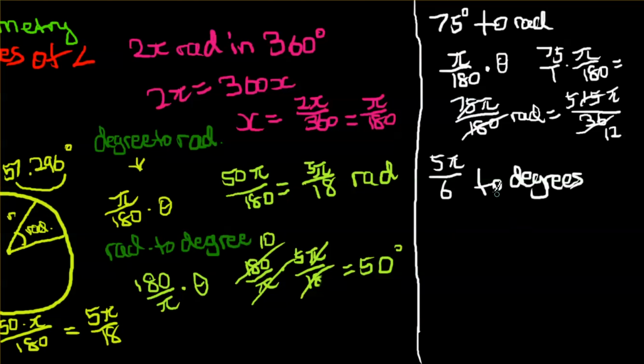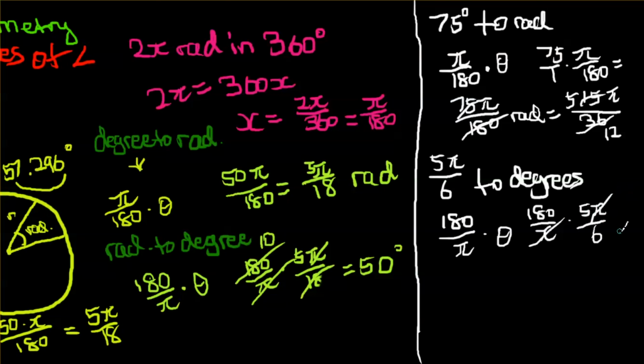Alright, I'm just going to show you how to solve this. Remember our equation is 180 over pi multiplied by theta. We have 5 pi over 6 as our theta, so we're going to write out our equation: 180 over pi multiplied by 5 pi over 6.